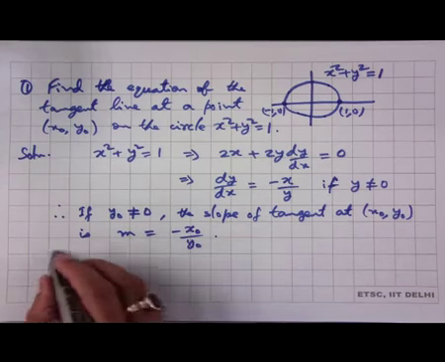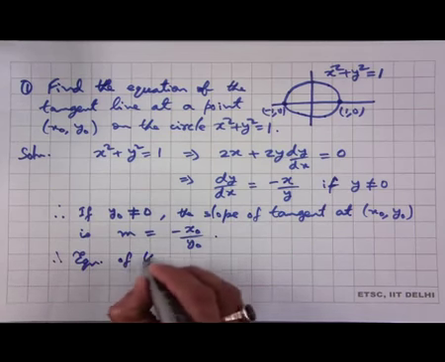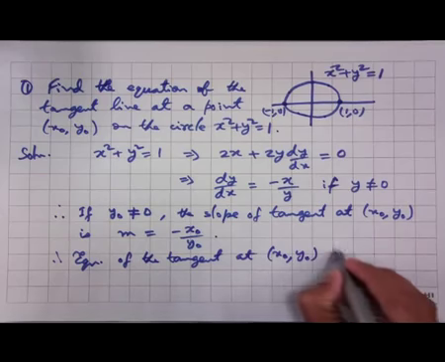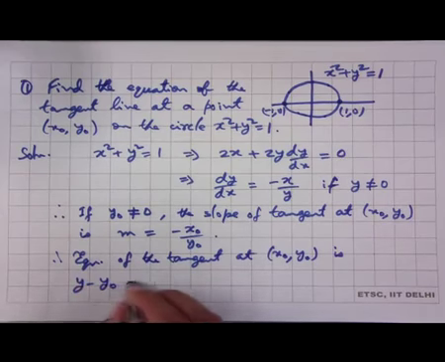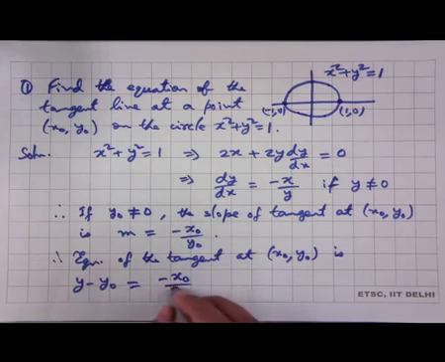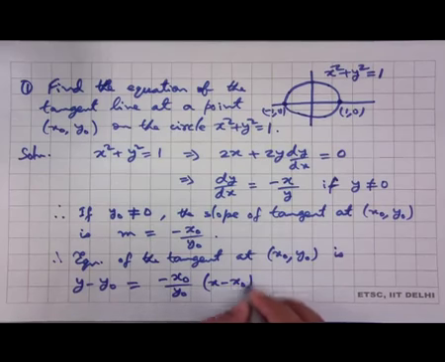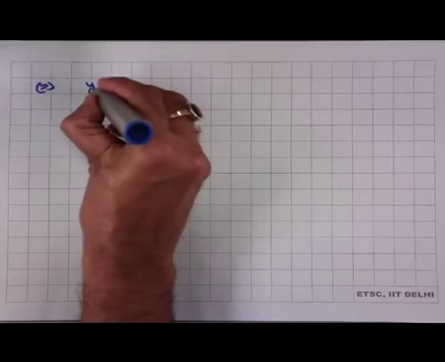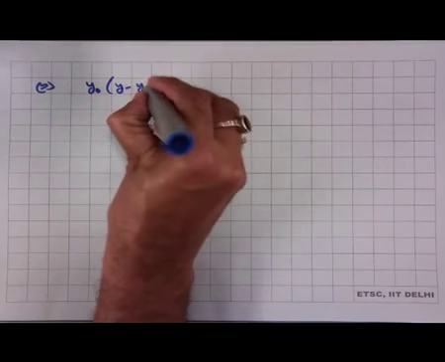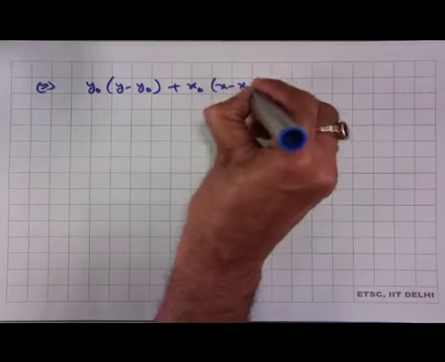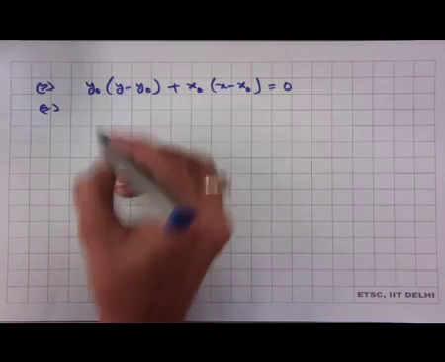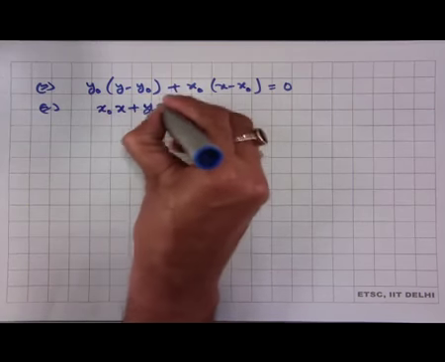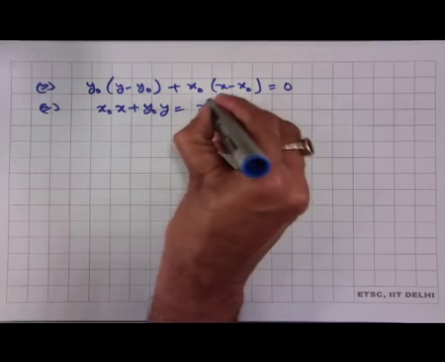And therefore, the equation of the tangent at x naught y naught is y minus y naught is equal to minus x naught by y naught times x minus x naught, which you can also simplify and write as y naught times y minus y naught plus x naught times x minus x naught equal to 0, which is the same as x naught x plus y naught y is equal to x naught square plus y naught square.